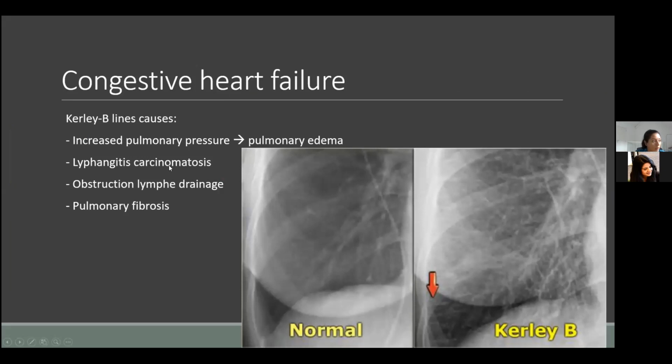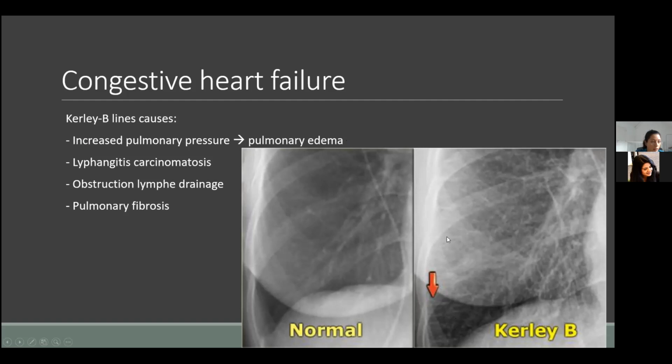We talked about Kerley B lines, which are caused by leakage of fluid into the interstitium due to pulmonary edema. This is a better chest X-ray for depicting the Kerley B lines. You see here the lines that I was talking about, mainly seen in the lower zones of the right and the left lungs, mainly in the pleural sinus, and these lines are mainly 1 to 2 centimeters.